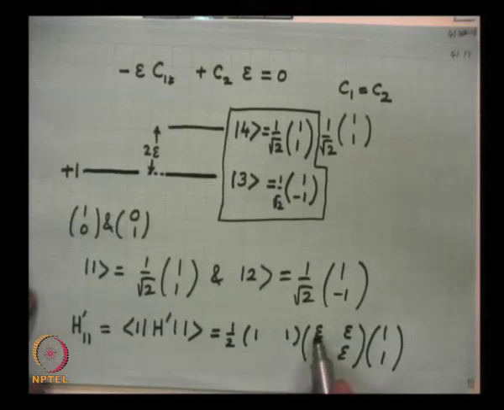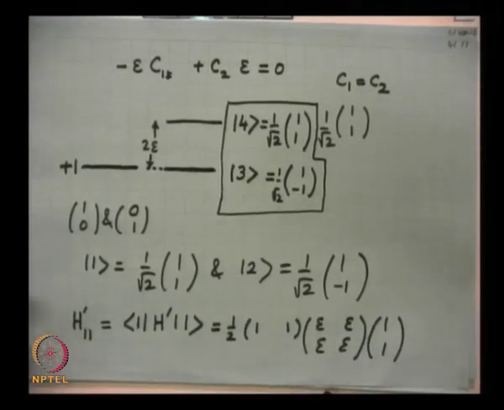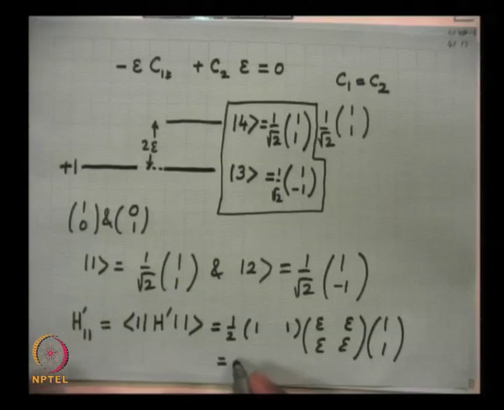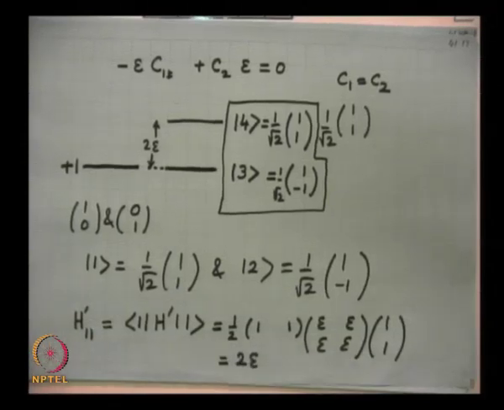So, this will be epsilon plus epsilon, 2 epsilon here and 2 epsilon here. A simple analysis will show that this comes out to be 2 epsilon.